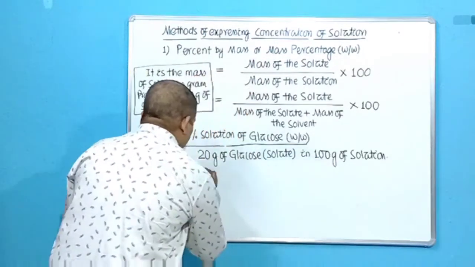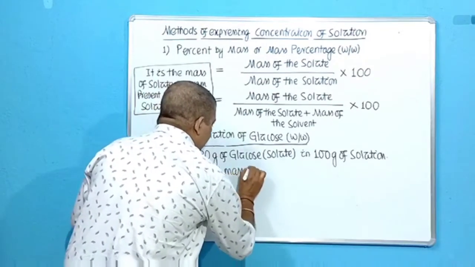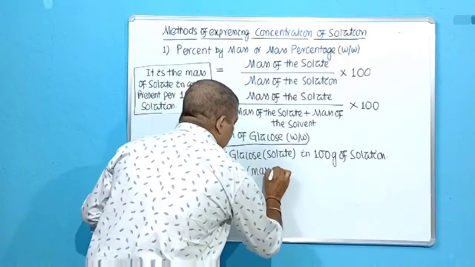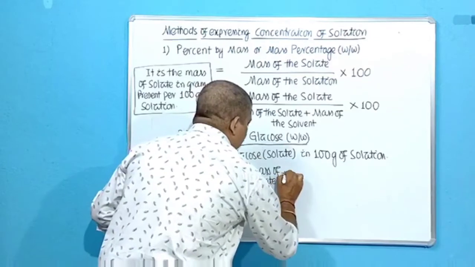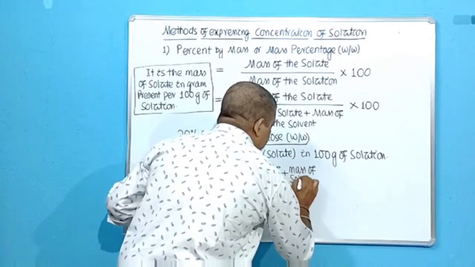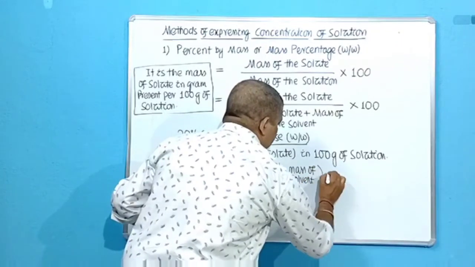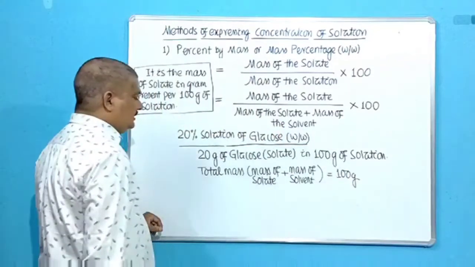The total mass, that means mass of solute plus mass of solvent, is equal to 100 gram, which is the mass of the solution.